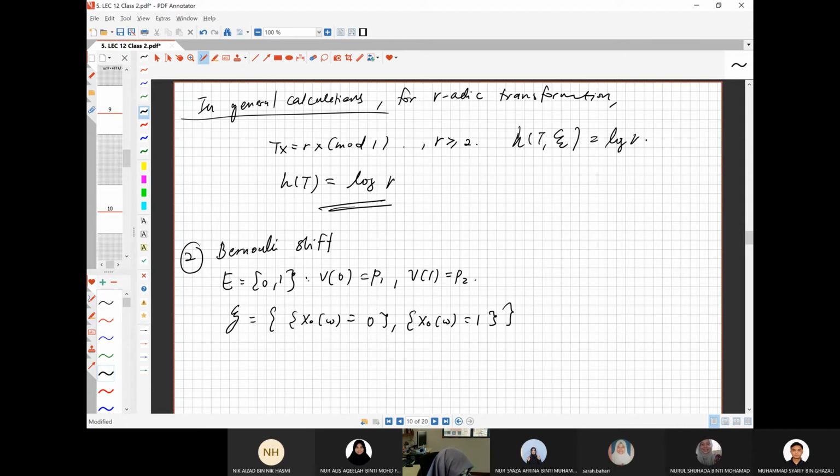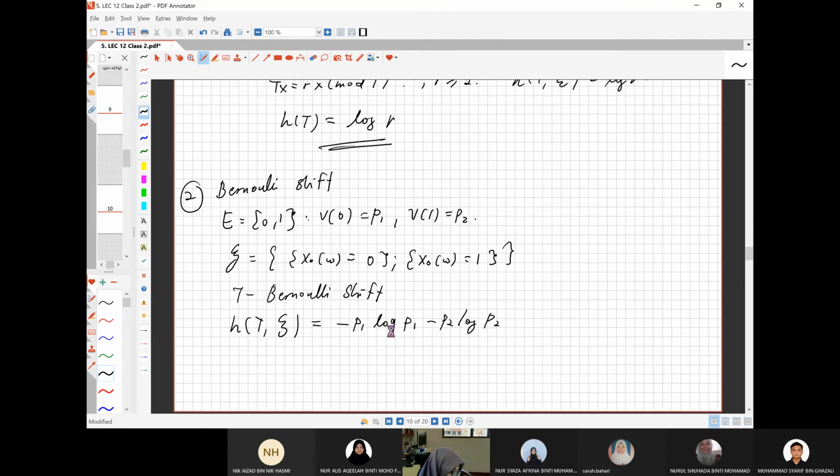Okay. And then T is Bernoulli shift. Okay. And your relative entropy is equals to minus P1 log P1 minus P2 log P2. This one we have found in Tuesday class.